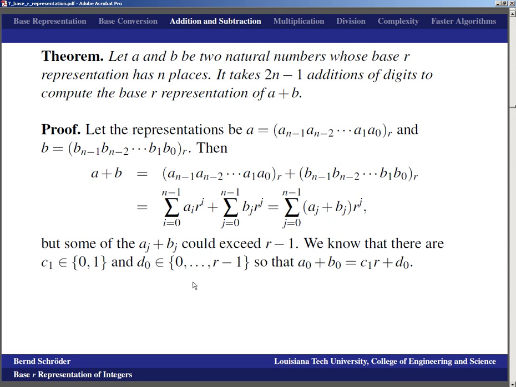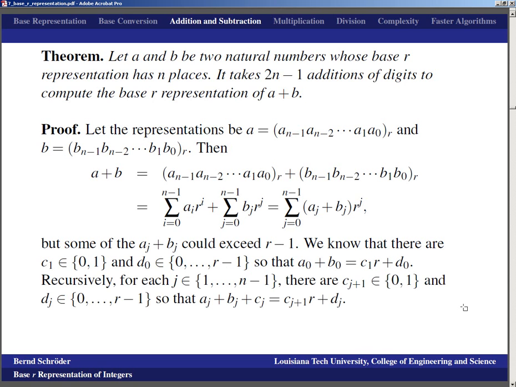But what we do know is that there are a c1 that is either 0 or 1, and a d0 that is between 0 and r minus 1, so that a0 plus b0 is c1 r plus d0. And now c1, that's the first carryover here, right? That's why I call that thing c. And so now I can go recursively.